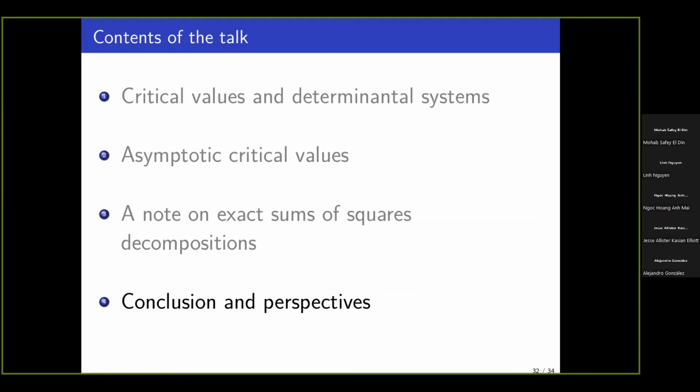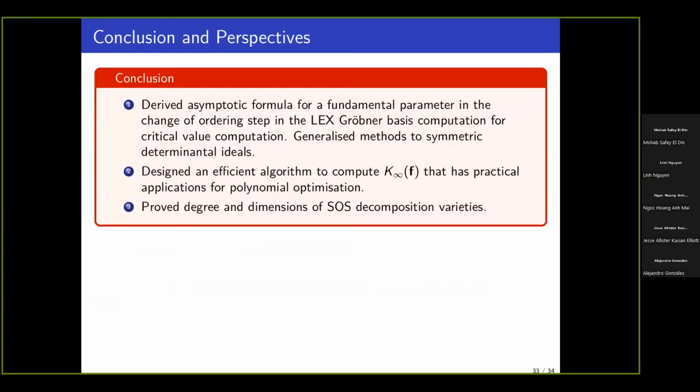So now just to conclude. We've derived an asymptotic formula for the fundamental parameter in the change of ordering step. And this has also been generalized beyond just critical points, so you can look at more general determinantal systems. This is for applications in cryptography, polynomial optimization, and beyond.